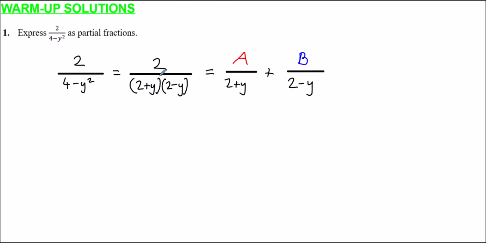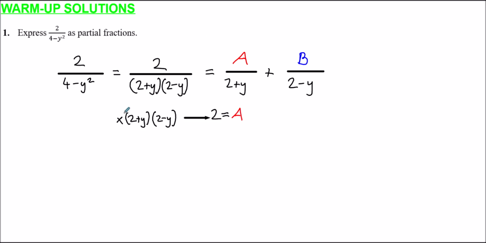If I take this part here and multiply everything by (2 plus y)(2 minus y), then on the numerator, the 2 over here will equal a.